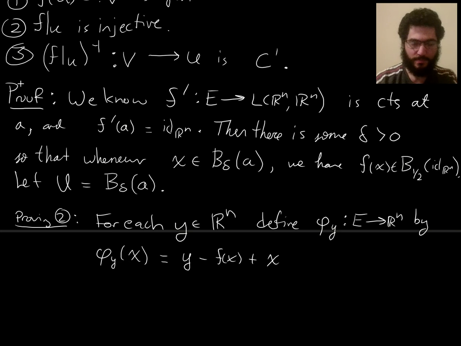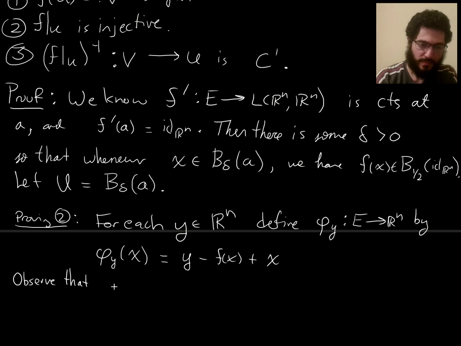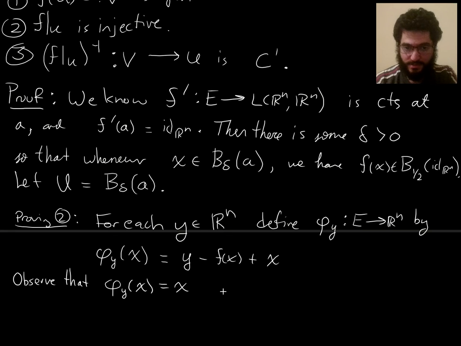Now, why should these be useful? Well, here's the motivation. Observe that for one of these functions, phi sub y, to have x as a fixed point, this is what would have to happen.